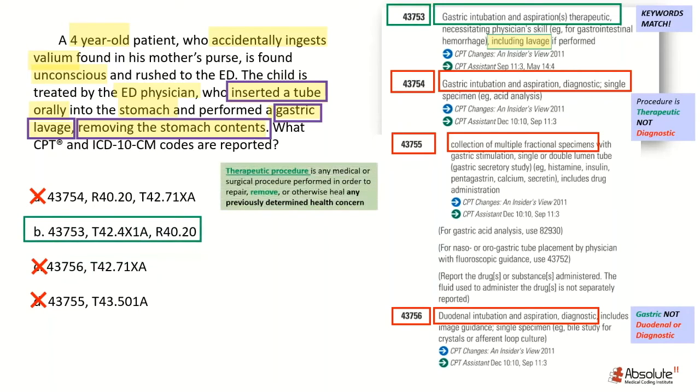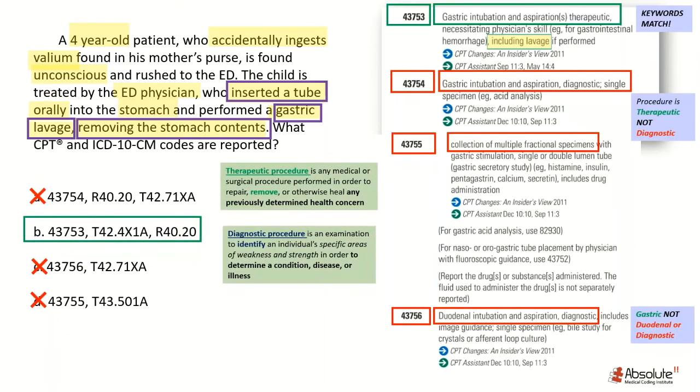You guys did outstanding, and you know I love being clear about what things mean. You're going to see therapeutic and diagnostic at varying times through your book. Therapeutic is any medical or surgical procedure performed in order to repair, remove, or otherwise heal any previously determined health concern.